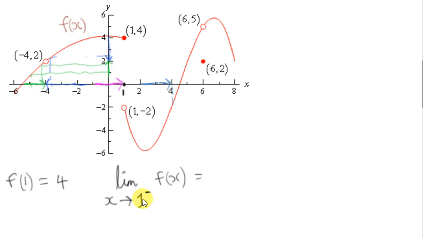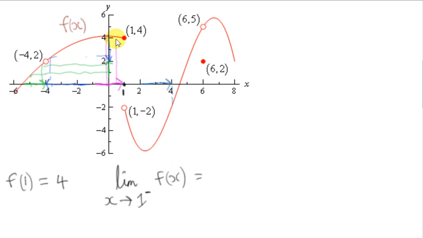Let's look at the limit as x tends towards 1 from the left of f of x. So we are moving towards 1 from the left, but never reaching 1. What's the story with f of x? Well, if we go up to the graph, there's nothing below these points here, so we have to go up to the graph and across. We can see what's happening actually.